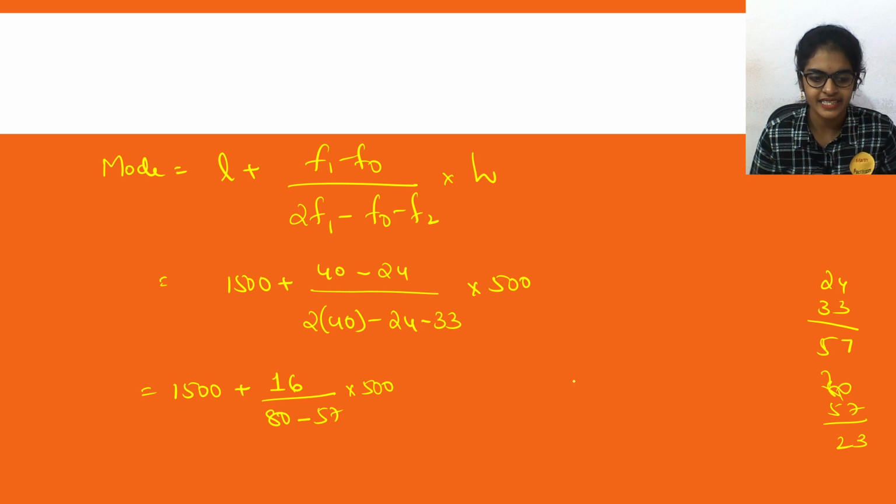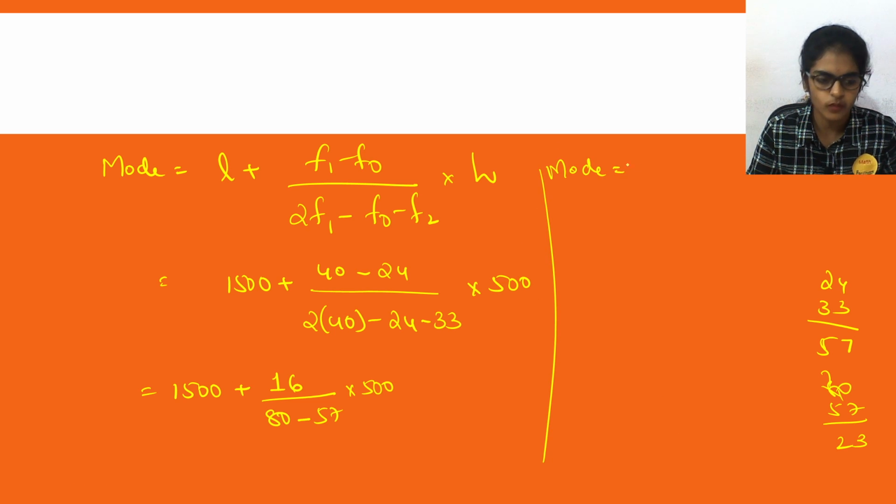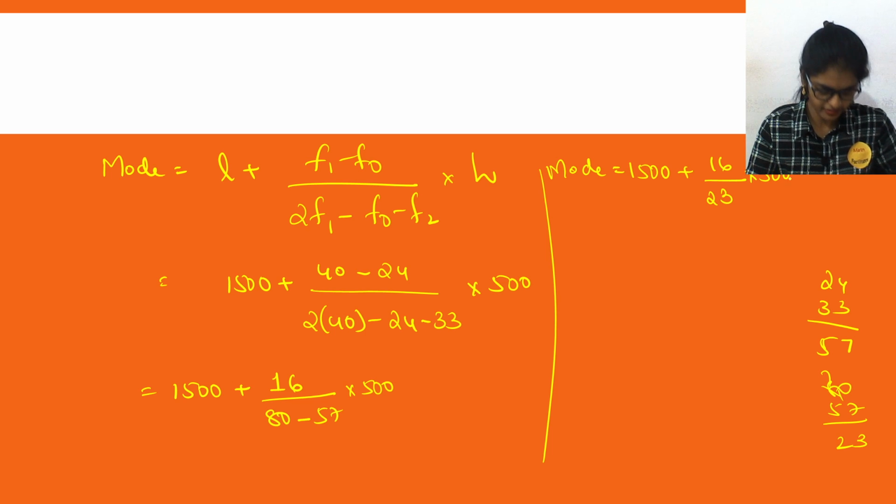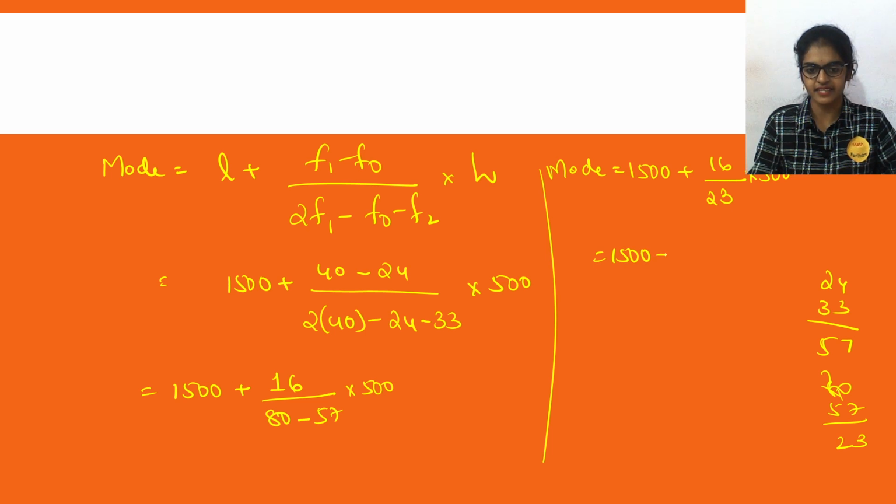You have 23 here in the denominator. So your mode is equal to 1500 plus 16 divided by 23 multiplied by 500. That is equal to 1500 plus 16 into 500. 16 into 5 is 80 and you have two zeros in 500, so it is 8000 divided by 23.